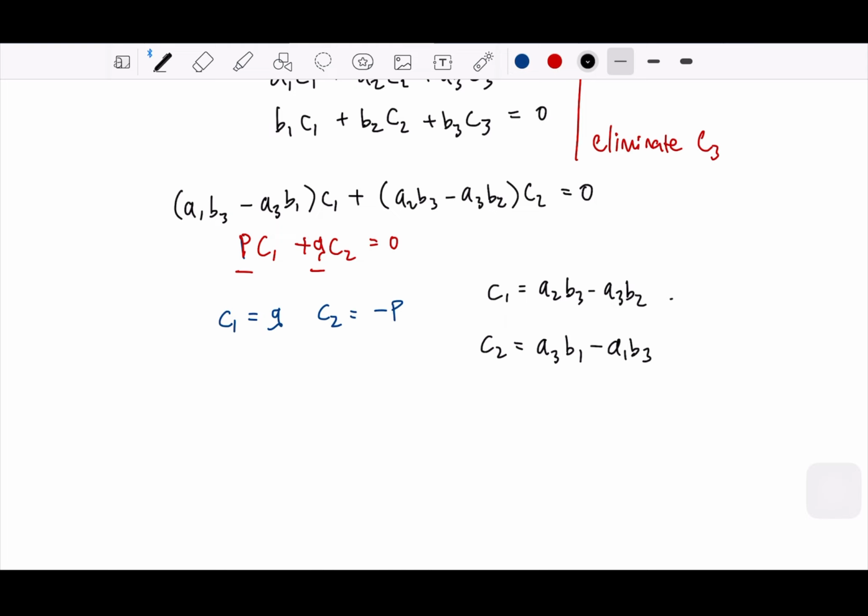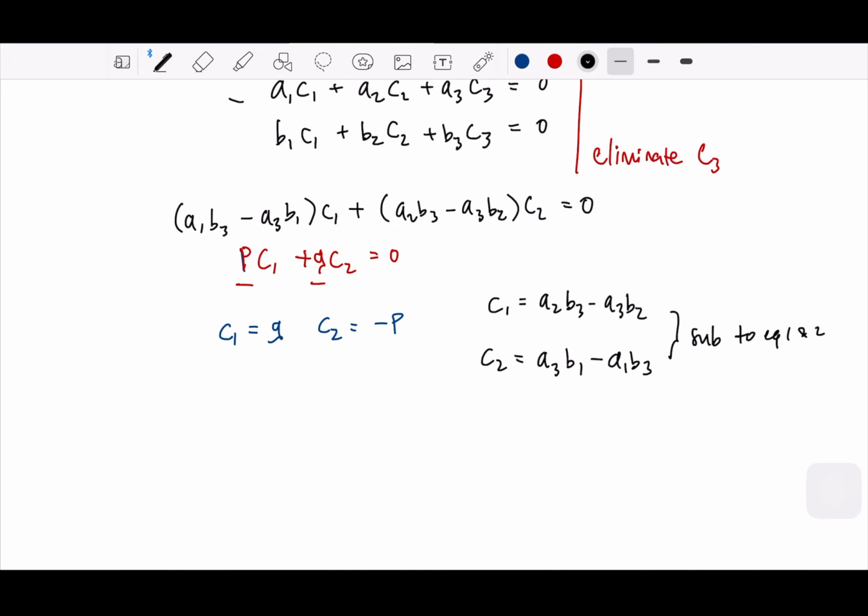We substitute to equations 1 and 2. This is 1 and 2. We will get C3 is A1B2 minus A2B1.